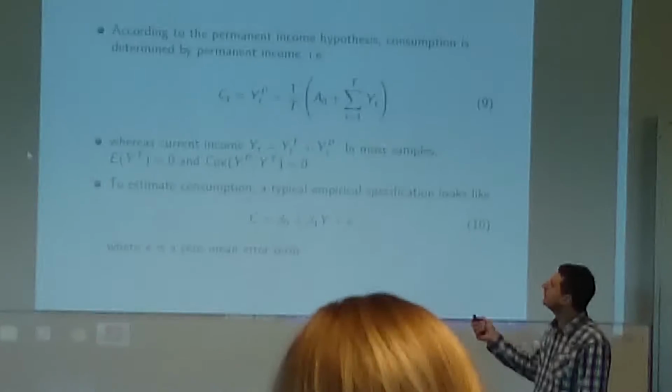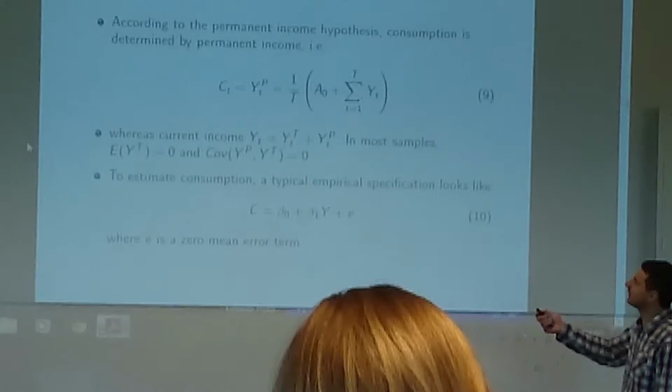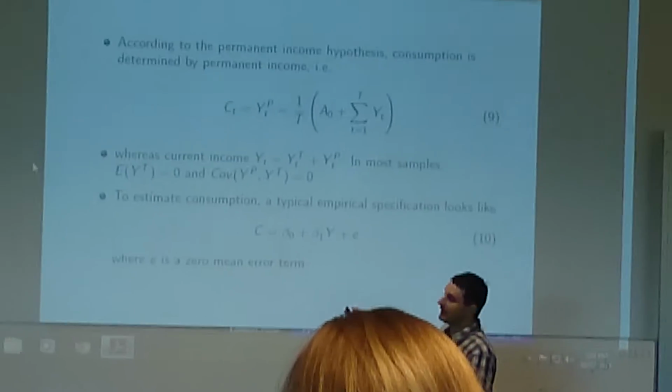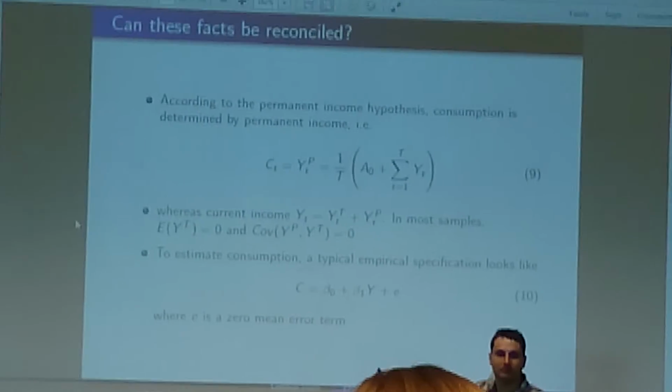Well, the permanent income hypothesis tells you that consumption is determined by permanent income. So we say that C_t is equal to YP_t. I told you that this can be written as 1 over T times initial wealth plus the sum of all incomes. And current income is equal to transitory income plus permanent income.